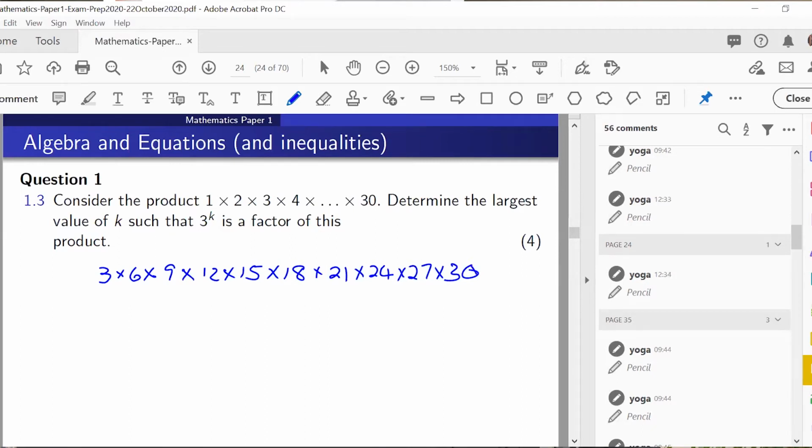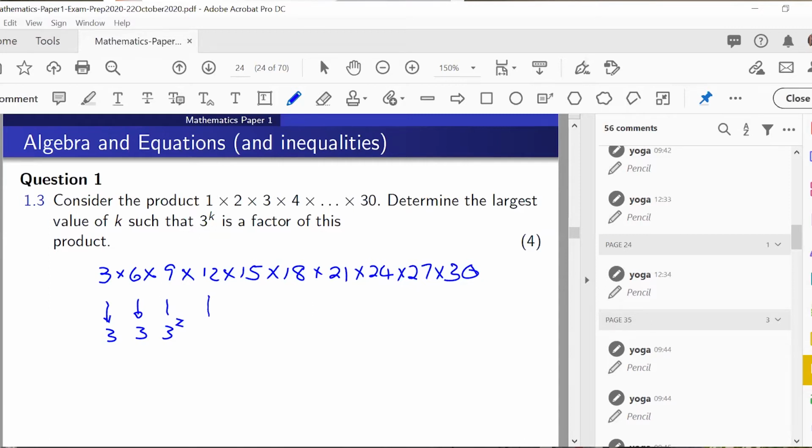Again, we can reduce this. Here, we are interested in the 3. And there, we have got a 3 because 2 is not divisible by 3. But now here, we actually have a 3 squared.